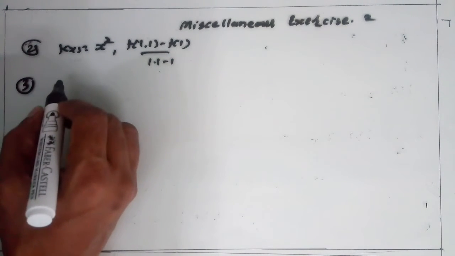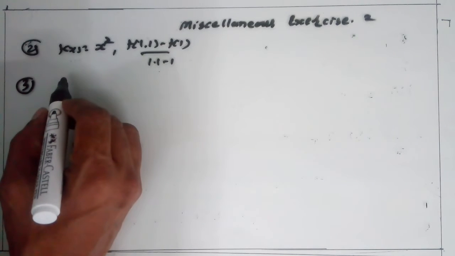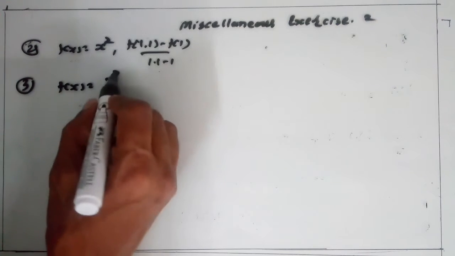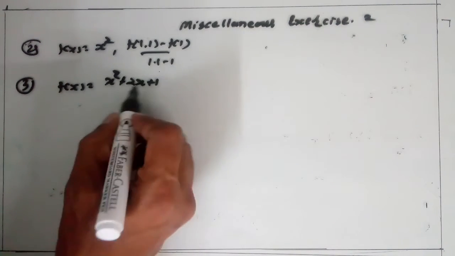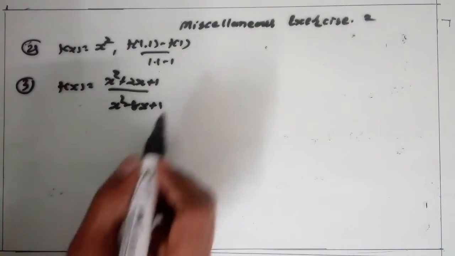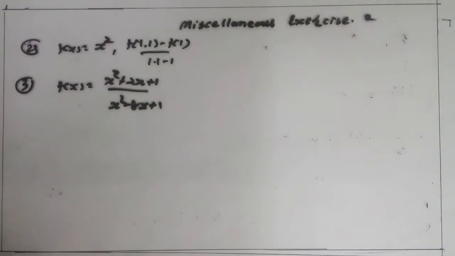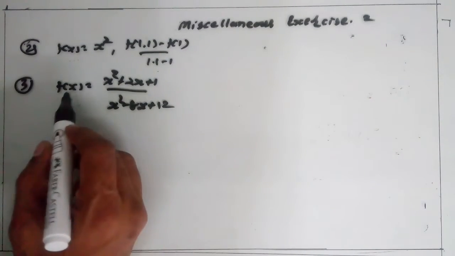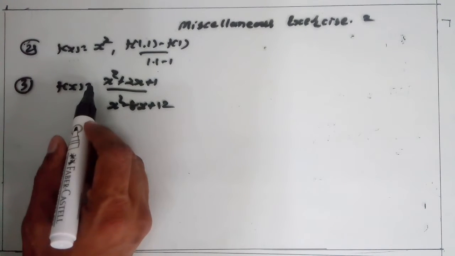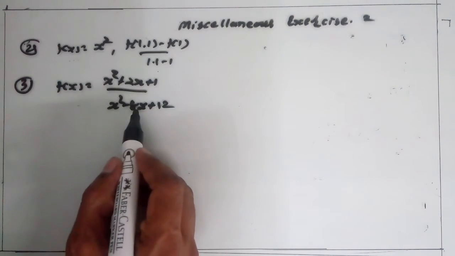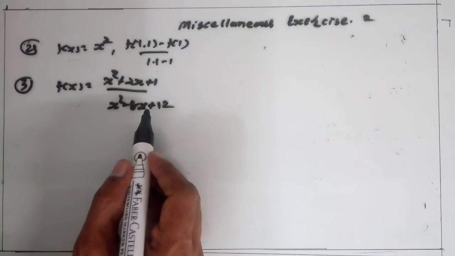Now question number 3: find the domain of the function f(x) is equal to (x square plus 2x plus 1) upon (x square minus 8x plus 12). Remember this, f(x) is a function, so it is defined for every real number other than the real numbers where x square minus 8x plus 12 becomes 0.